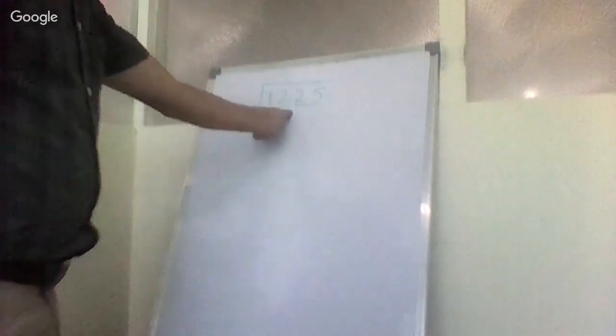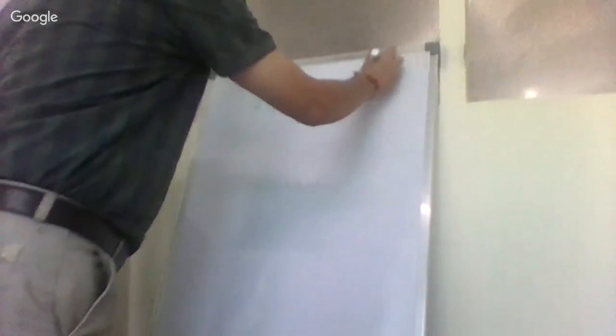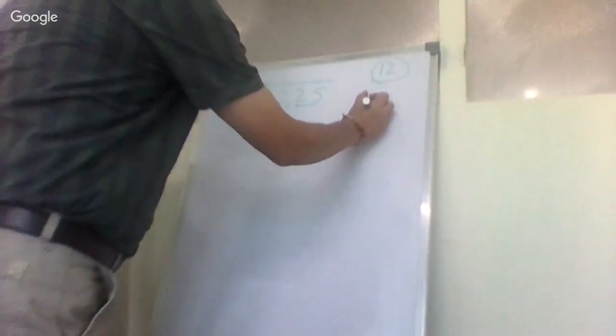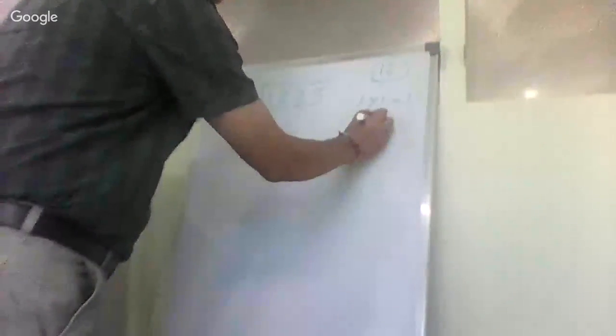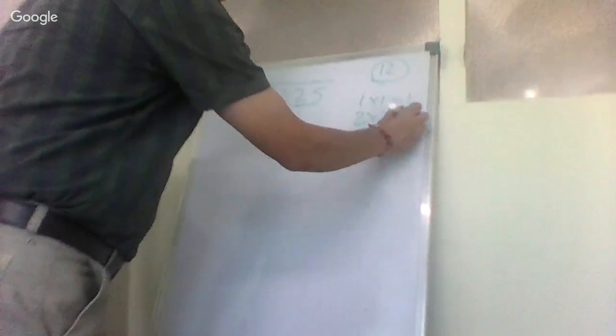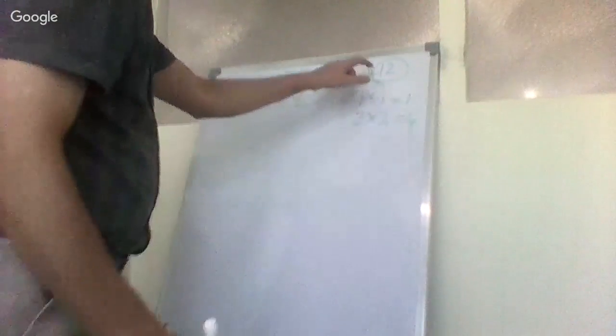Now we'll take the first pair. The first pair is 12. Now we'll start from 1. 1 into 1 is 1. 1 is less than 12. So we'll move on to 2. 2 into 2 is equal to 4. 4 is less than 12.